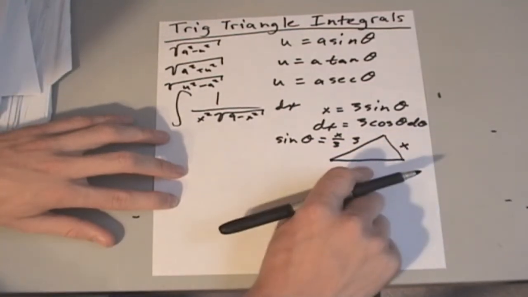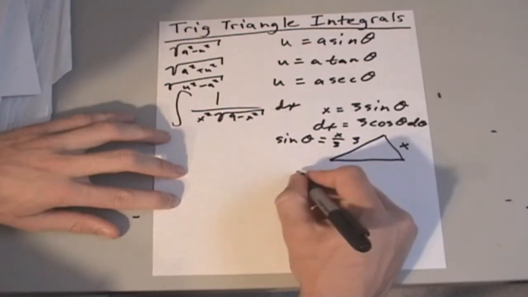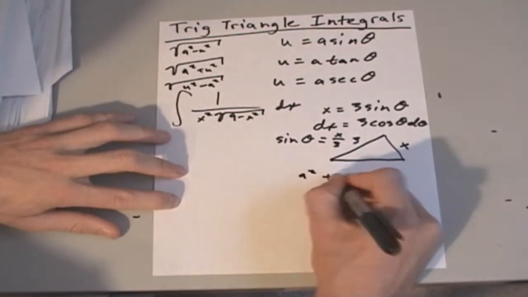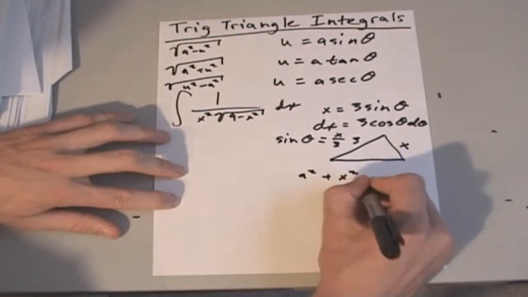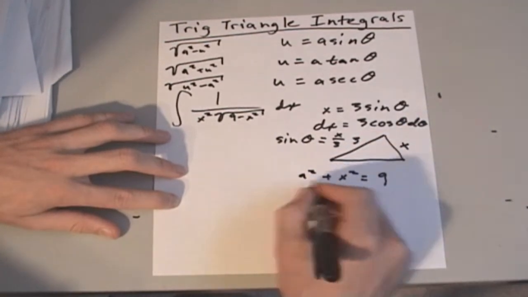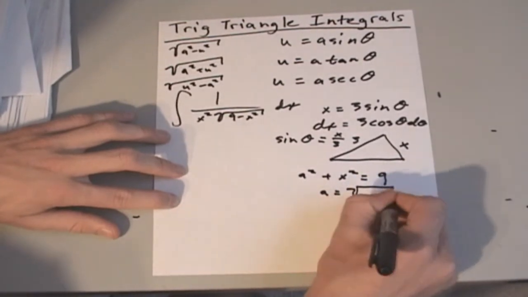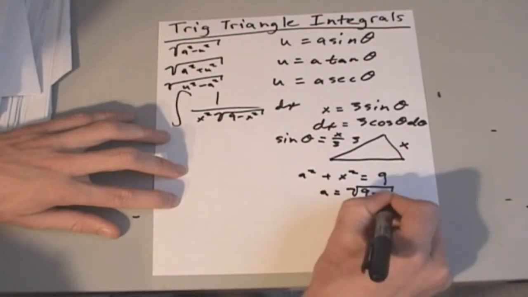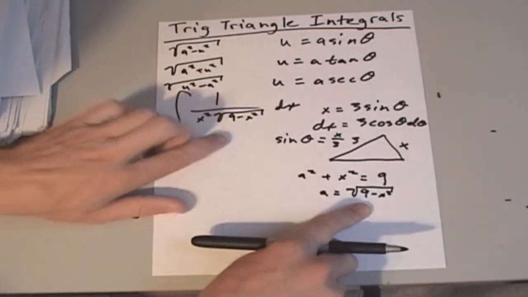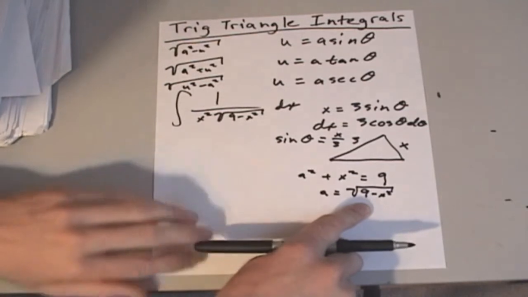And now we need to solve for the other side, which you could call a, so a squared plus x squared equal to 9, 3 squared. And then using algebra, a is equal to the square root of 9 minus x squared. We know we matched up with the correct trig function because these match.